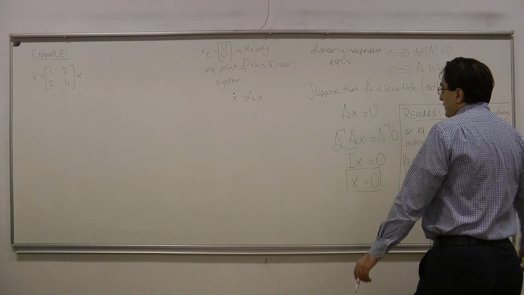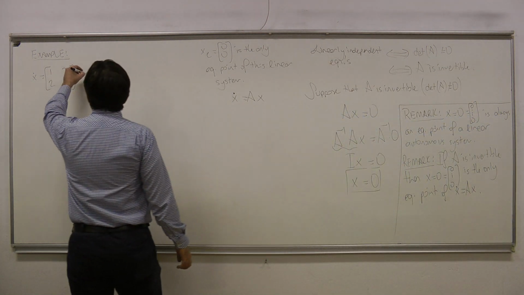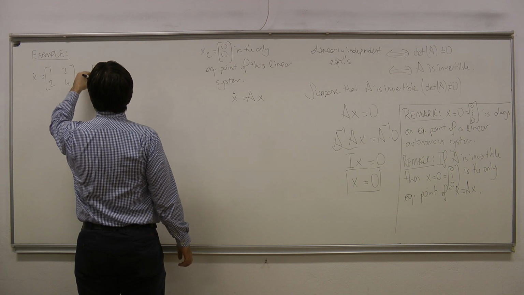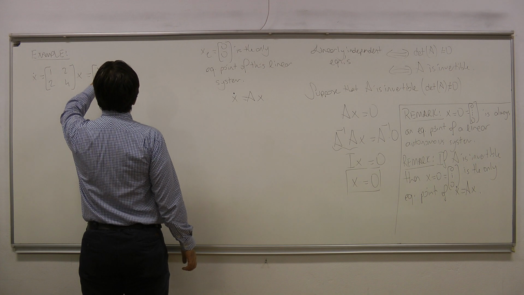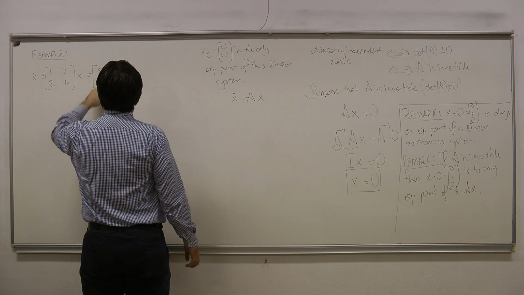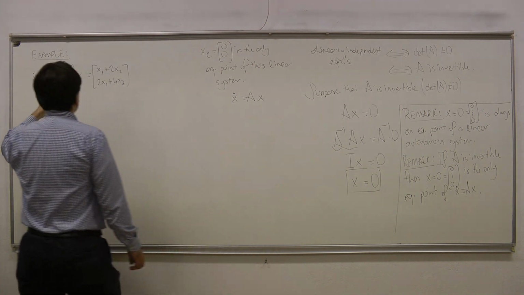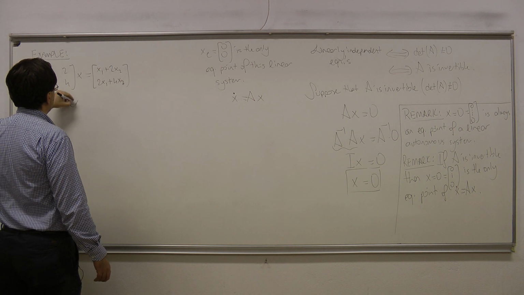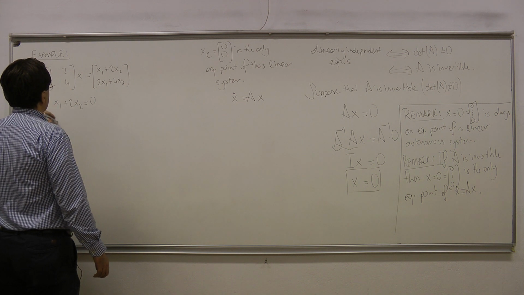I can expand this linear function as x1 plus 2x2 and 2x1 plus 4x2. This is f1, this is f2. Equate both of them to 0.